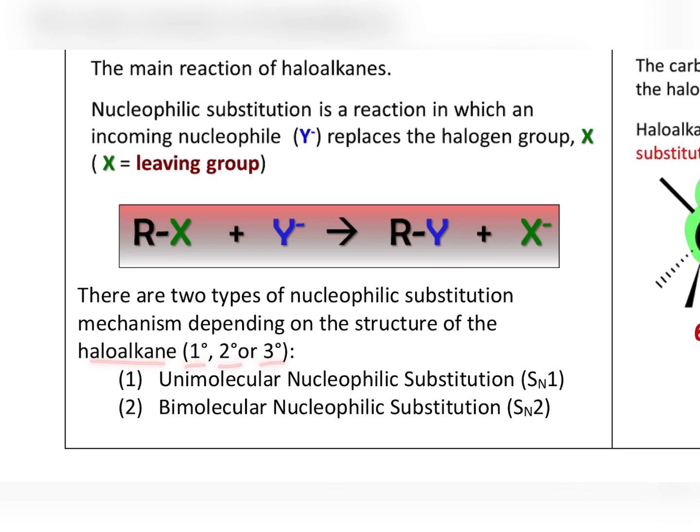Untuk chapter 7 ni penting kamu tahu cara untuk classify haloalkane because this will determine dia akan undergo which substitution. Sama ada the first one is unimolecular nucleophilic substitution reaction ataupun nama pendek dia SN1, ataupun bimolecular nucleophilic substitution, we call it as SN2.